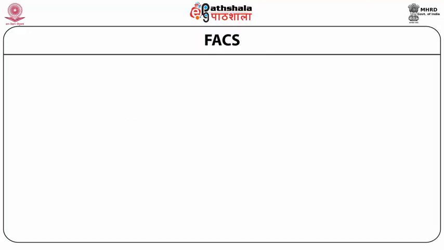FACS is commonly used for sorting of sperm. Today, if we want to separate X sperm and Y sperm, the fluorescence activated cell sorter technique is used very commonly. This technique is based on the principle that the DNA content of X sperm and Y sperm is different. X sperm contains more DNA as compared to Y sperm.